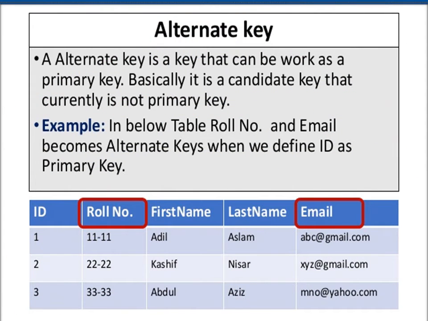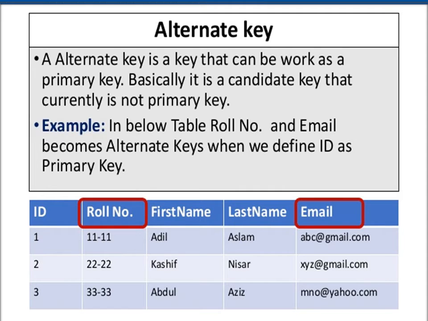Let's know more about alternate key. As you have seen the table, now here is another table: ID, roll number, email. Instead of student ID, here I have taken ID. Now these three fields are qualifying to be a primary key. So ID is the primary key I have chosen, and roll number and email will be the alternate keys.